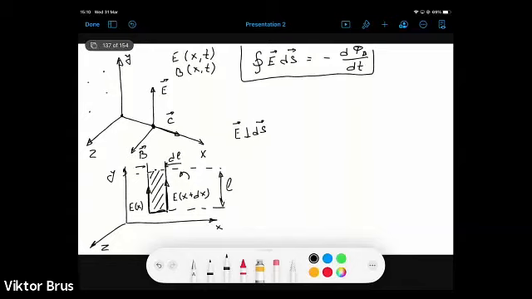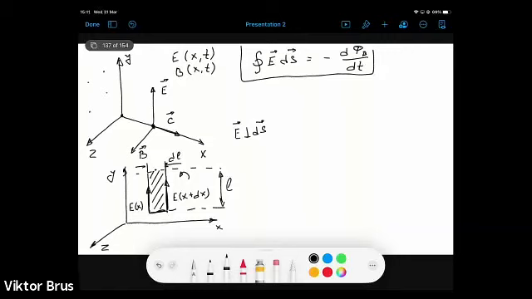And that will result in a linear integral equal to 0. So we have two components to this linear integral, over the left side of this rectangular and over the right side of the rectangular.